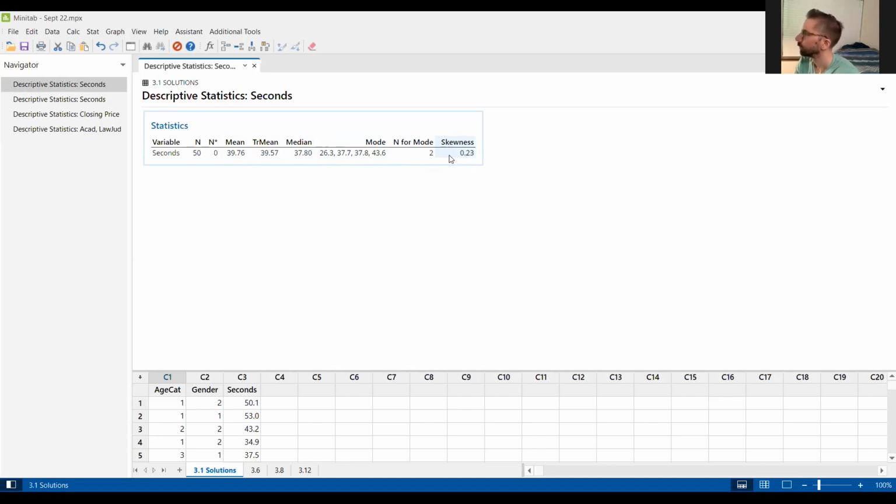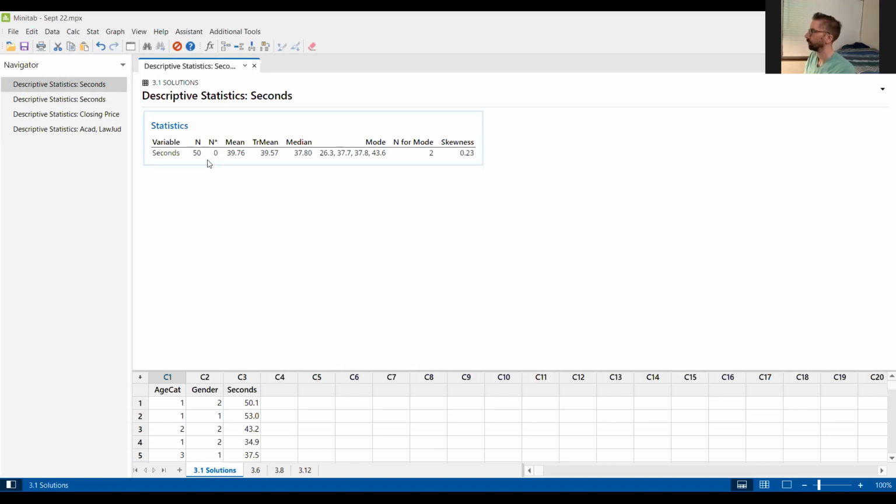So what's the shape going to look like? The bump will be towards the left, and then it'll tail off to the right. It's right skewed, positively skewed. So I wanted to show that to you. Any questions about that? Pretty straightforward, right?